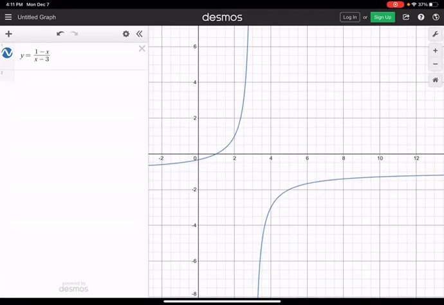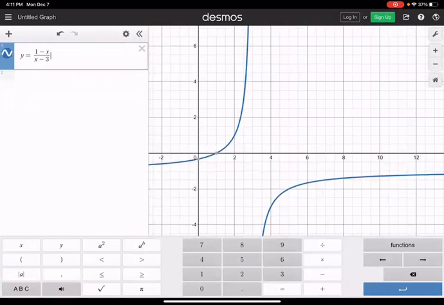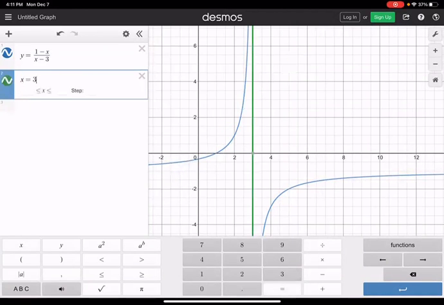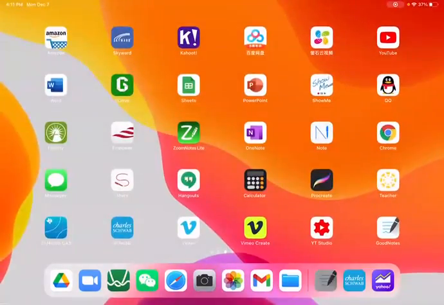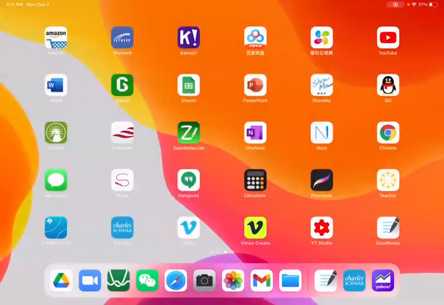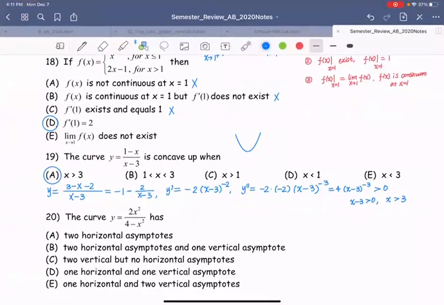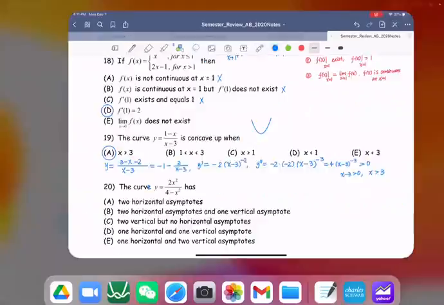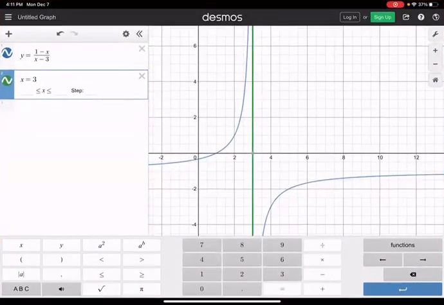And who is in the center? The x equals 3 is in the center, right? This guy is an asymptote, a vertical asymptote. And this does show you that for x bigger than 3 on the right, that guy is concave up, right? That makes sense, right? Yeah, okay.